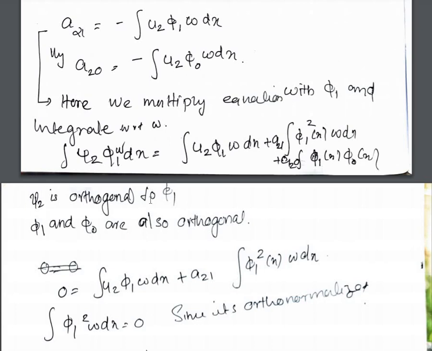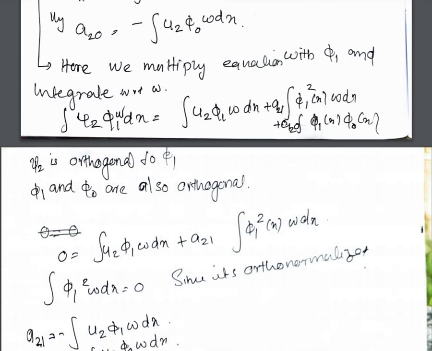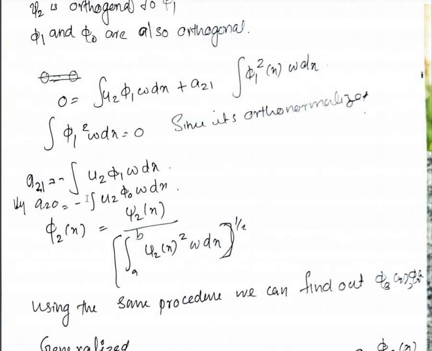Psi 2 is orthogonal to phi 1, and phi 1 and phi 0 are also orthogonal, so that term will vanish. You will get this equation as 0 is equal to integral u2 phi 1 w of x dx plus a21 integral phi 1 square w dx. This integral is not vanishing, it equals 1. So from this equation you will get a21 as this, and similarly a20.